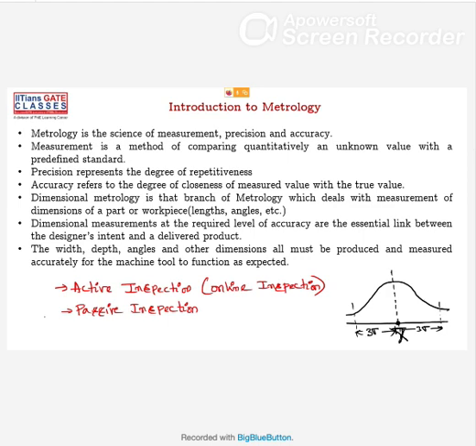Each part will not be the same. That's the reason the manufacturing system follows a normal distribution. So this is called normal distribution. Manufacturing system follows normal distribution.